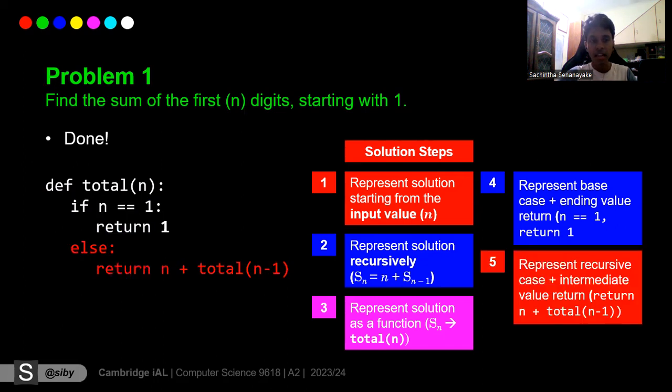And otherwise, you would do return n plus total n minus 1. That's the formula in step 2 represented in Python. We represent the recursive case with an intermediate value return, beg your pardon. That's where you return in case you haven't reached the base case.